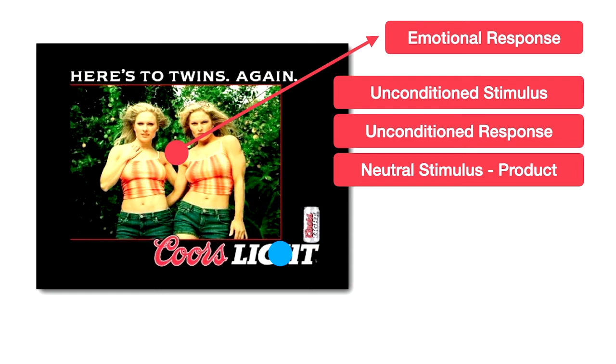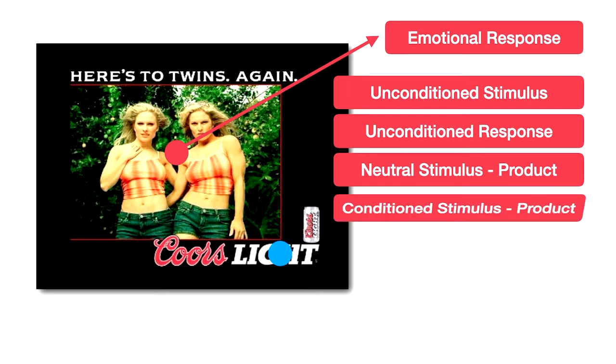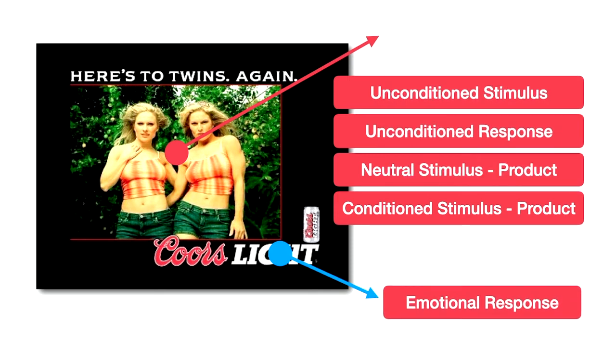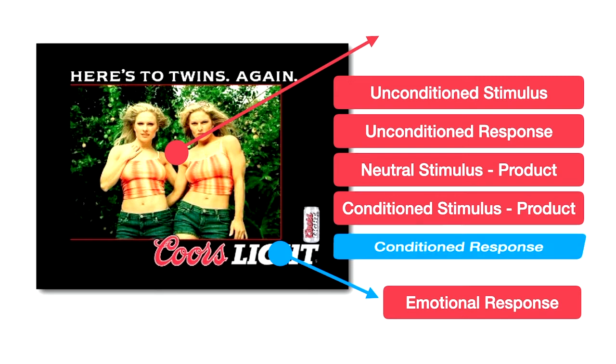Now, the product itself has its own properties to produce an emotional response. The product becomes a conditioned stimulus, so it loses its neutrality now that we've associated these together, and it produces the same emotional response. That response is now categorized as a conditioned response, even though it's the same as the one above.